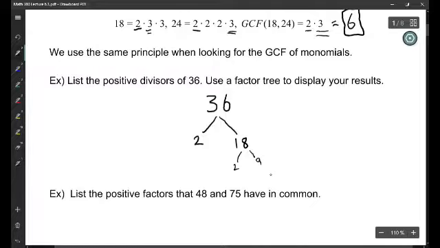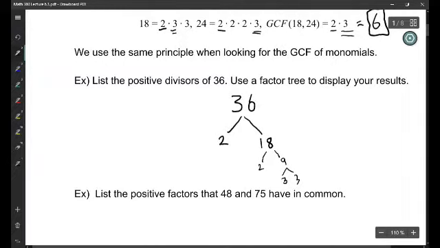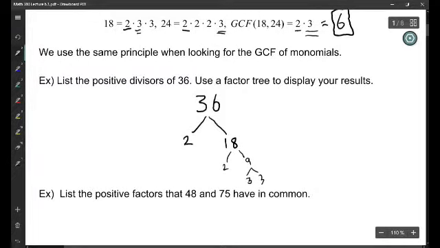And 9 we know is the product of 3 and 3. So the numbers at the end of all the branches of the factor tree are the prime factored form of the number. 36 is equal to 2 times 2 times 3 times 3.